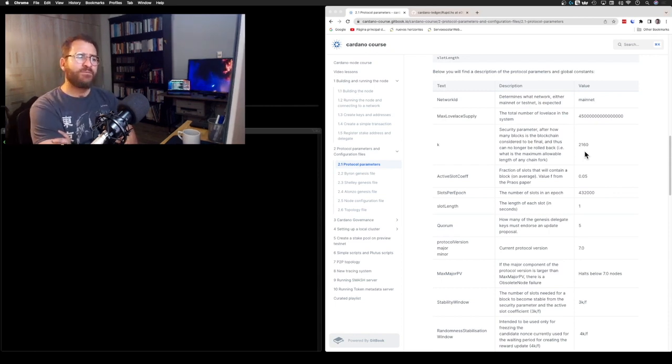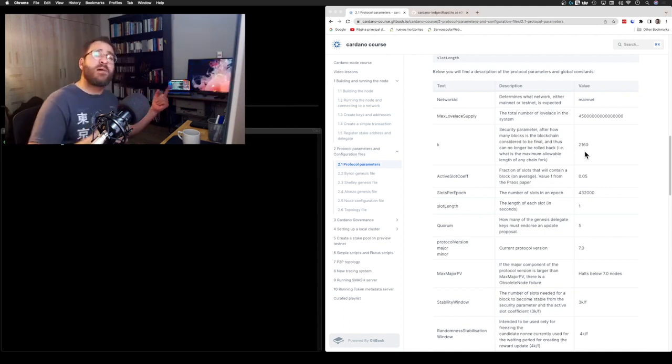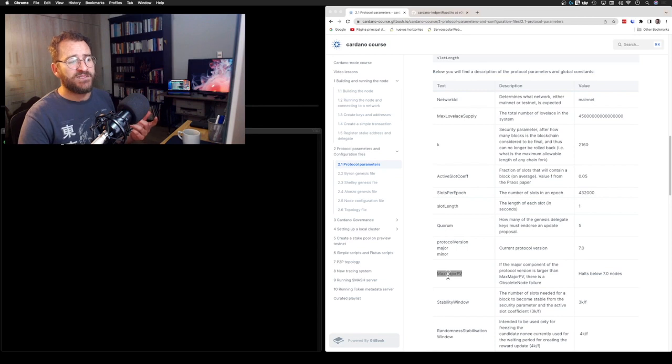Now we have the protocol version, and this is another very important one, because it serves a very interesting purpose later. The protocol version is constructed of 2 numbers, the major and the minor. This mechanism provides us a tool, with the next parameter, which is max major, to actually enforce that.